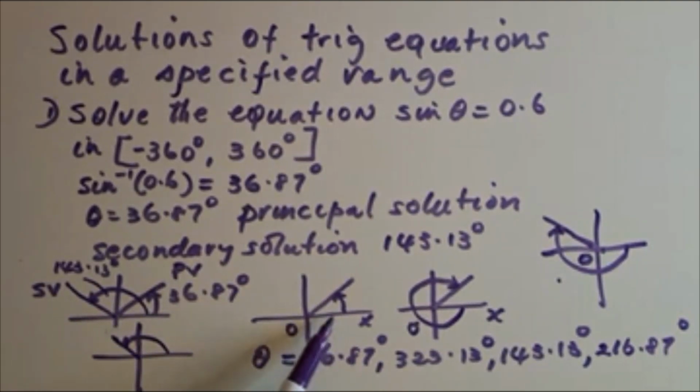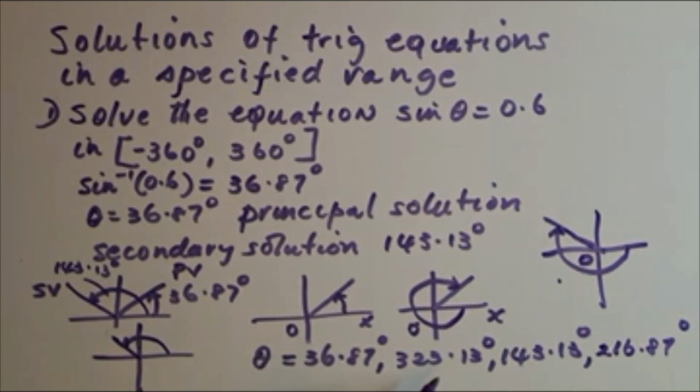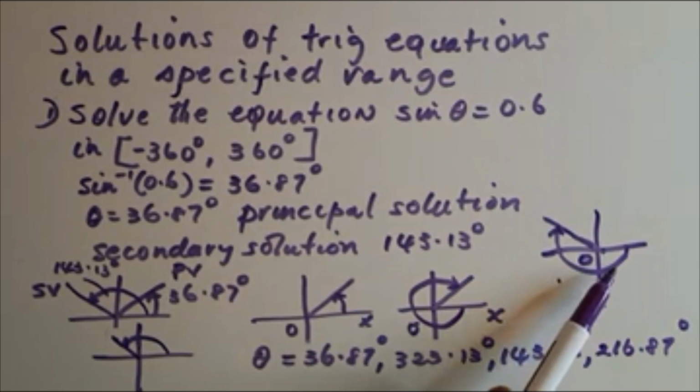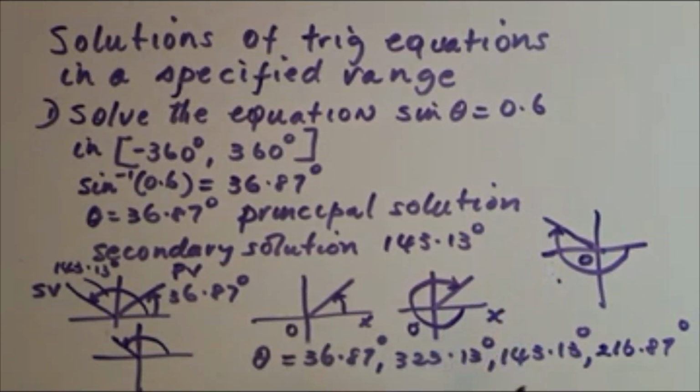And so here is the principal value along with the angle measured from the positive x-axis, and that's 323.13 degrees. And then we have the secondary solution, which is 143.13 degrees, and an angle measured from the positive x-axis to that solution gives us 216.87 degrees.